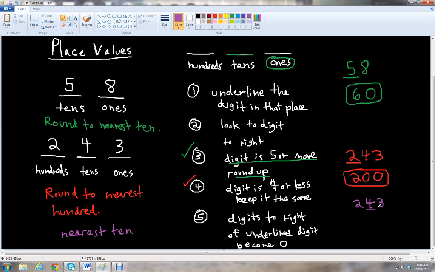And then we look to the digit to the right of 4, which is 3. And it still applies: the digit is 4 or less. So we keep the 4 the same. So that's going to be 2, 4. And then the digits to the right of 4 become 0. So 243 rounded to the nearest 10 becomes 240.